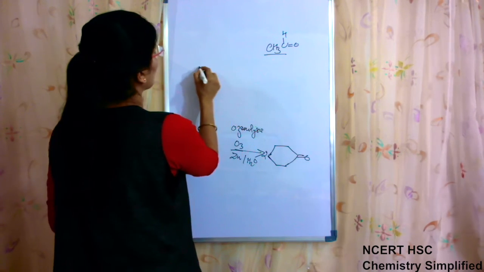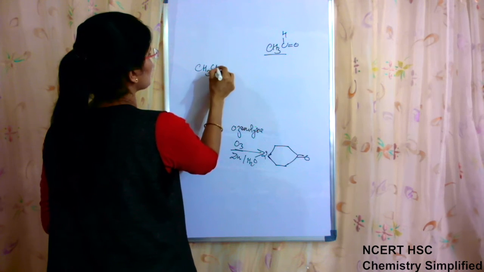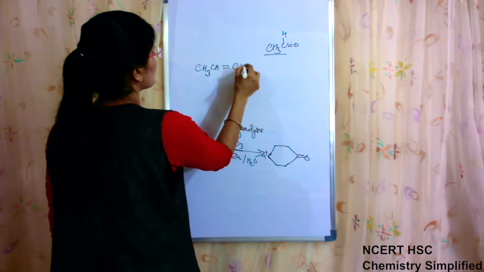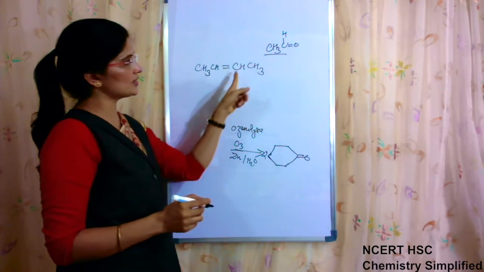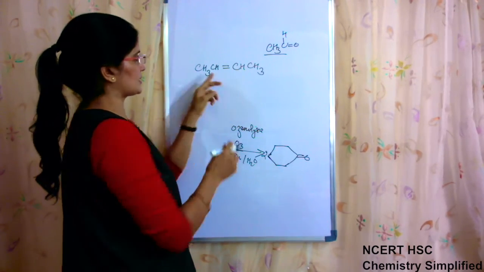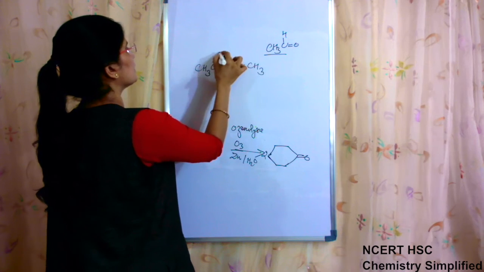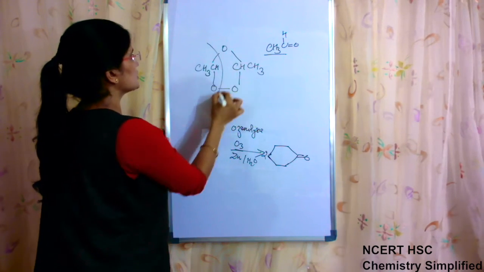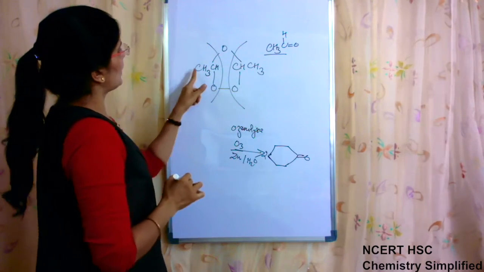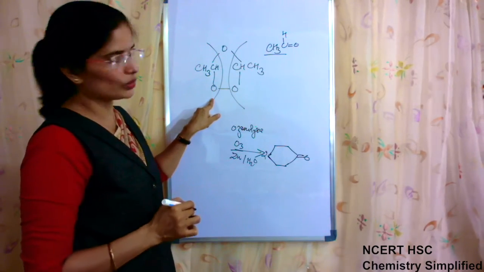Actually it was CH3CH double bond CHCH3. If this is the product, actually the starting material was this. Then only it is possible that one O is added here, O here, and then we just break the bond, and CH3CHO is the product.